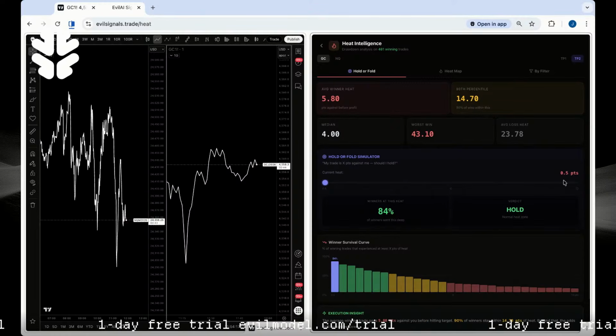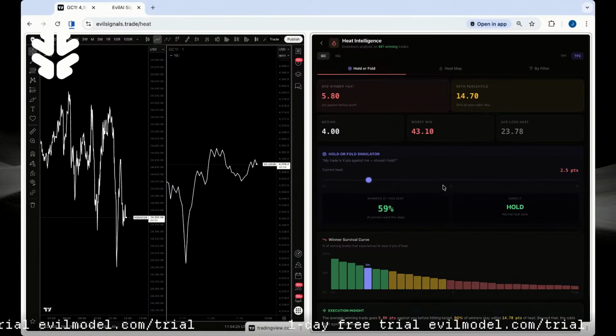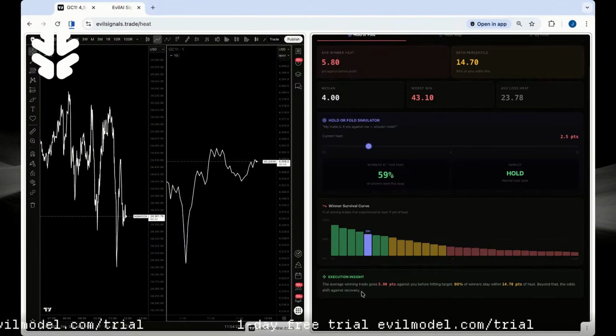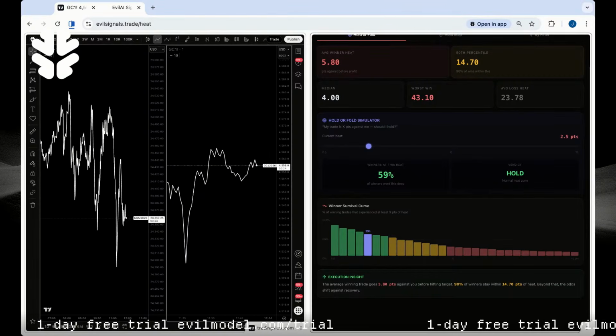Makes sense, doesn't it? Because you get in those trades and they just run to target. So it's not really telling us anything we don't know. But then it will give you a little insight, which is always evolving depending on what we're seeing. Execution insight: the average winning trade goes 5.8 points against you before hitting target.